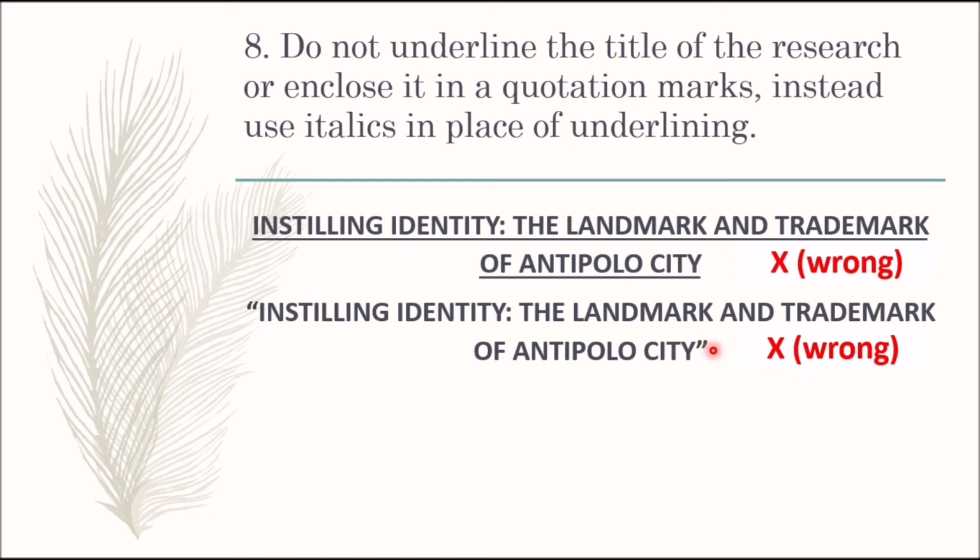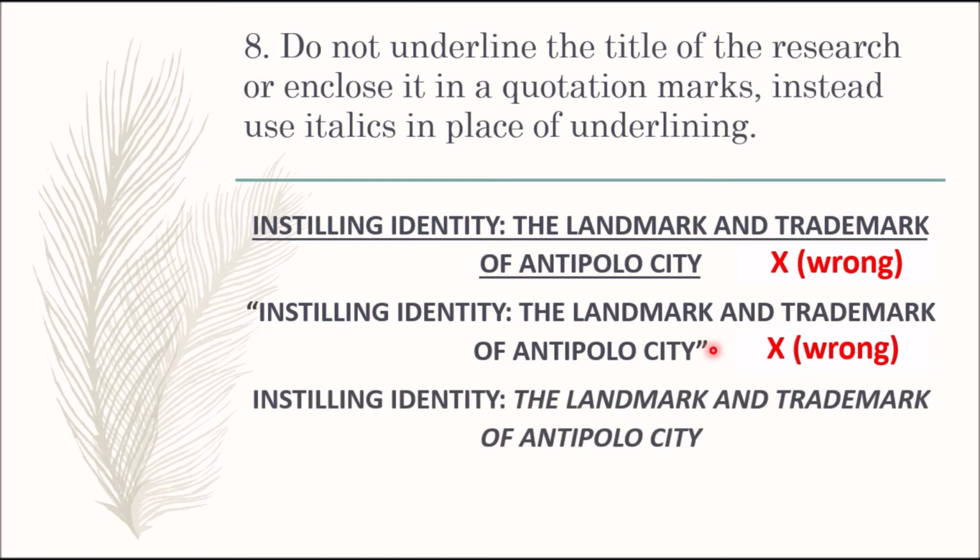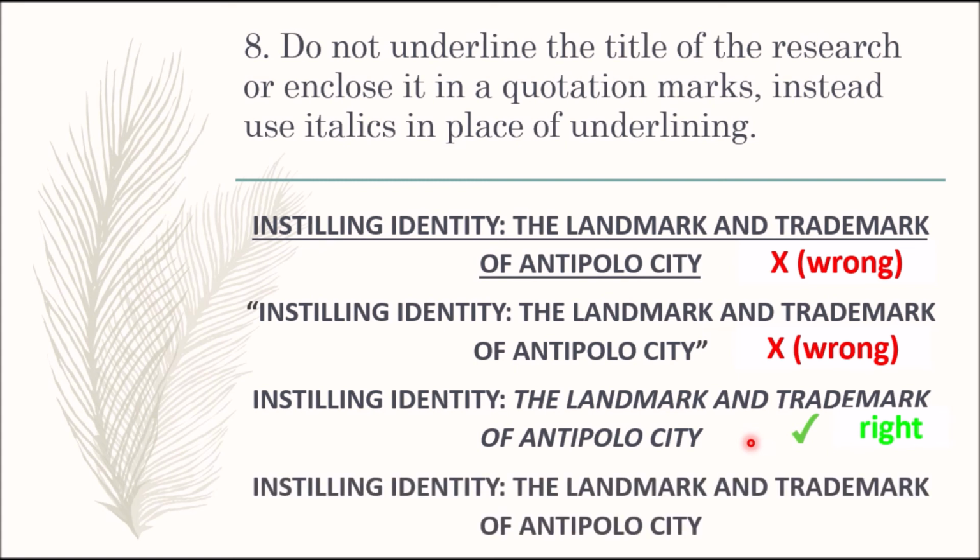Now, if you want to place emphasis on a certain word in the title, we must make it in italics form. So, you see the slant. When it is italic, it is slanted. Okay, this is a right one. Or for me, when I teach titles, you just write it in all capital letters.